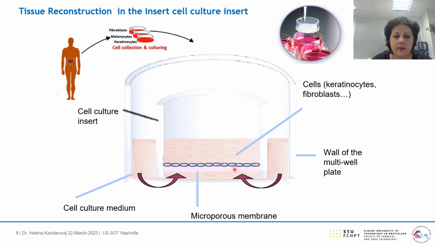So when the cells are feeling well, they are multiplying, and at a certain point we decrease the cell culture medium from the system so that the cells are exposed to the air. That type of cultivation is called culturing at the air-liquid interface, and this bit of stress helps the cells to finalize the differentiation of the layers.